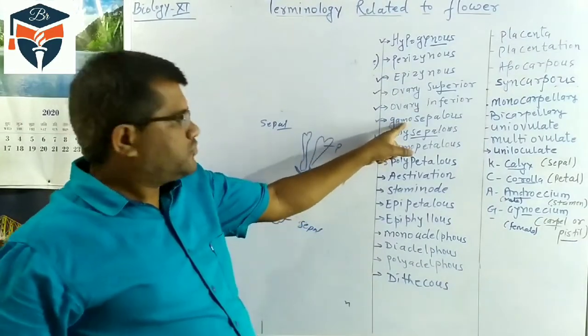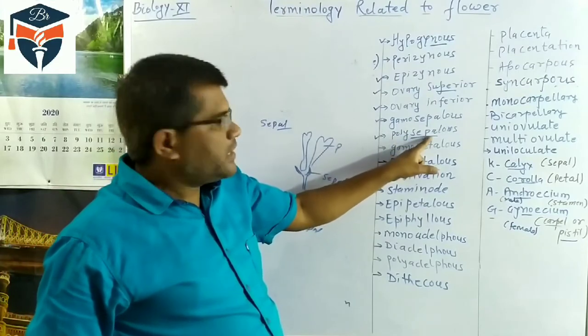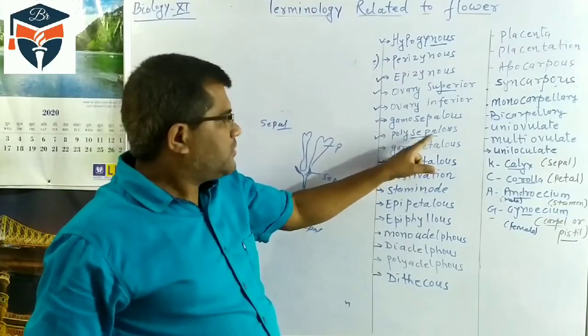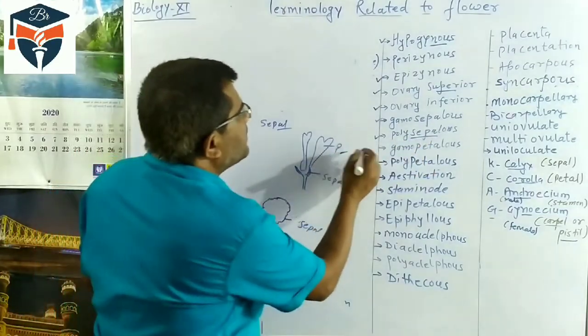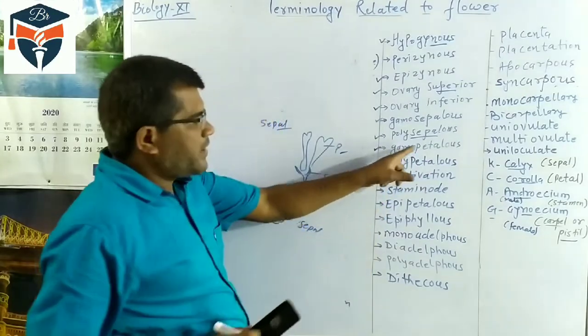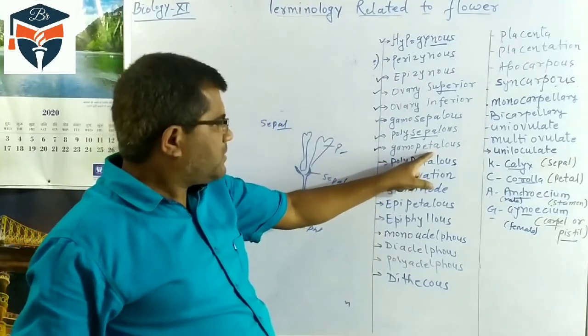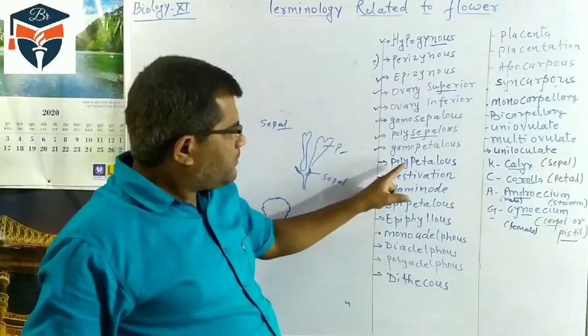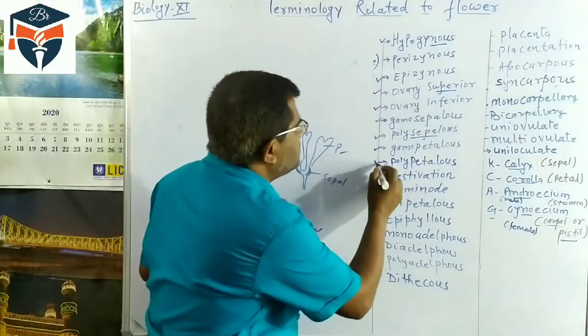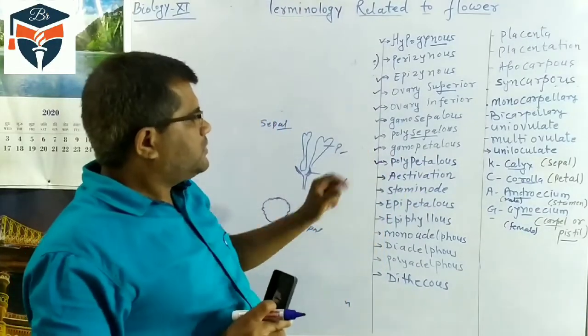Polysepalous means sepals are free from each other. Similarly, if petals are fused, that is called gamopetalous. And polypetalous means petals are not fused with each other.